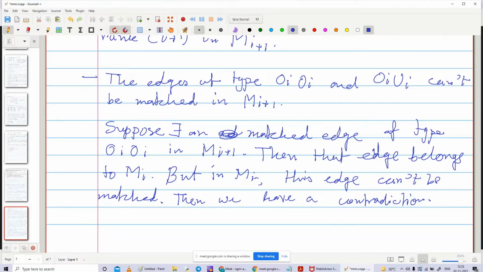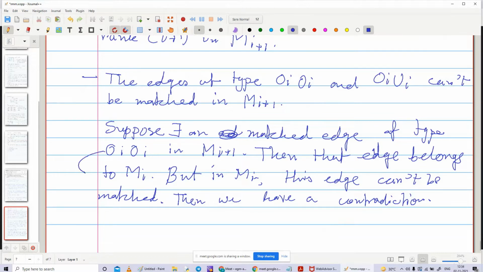If we remove the edges of rank i plus 1 from the matching, then that edge will also be matched in Mi, because if this edge was of rank greater than or equal to i plus 1, then it would be removed, since one of its endpoints is odd. Since this edge was not removed, it is also present in Mi, and that means the rank of this edge is less than or equal to i.